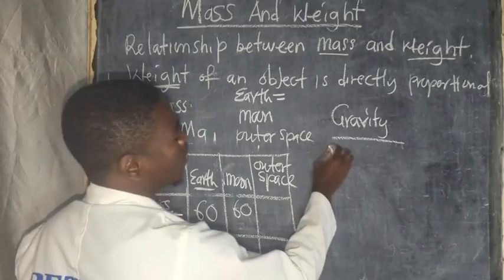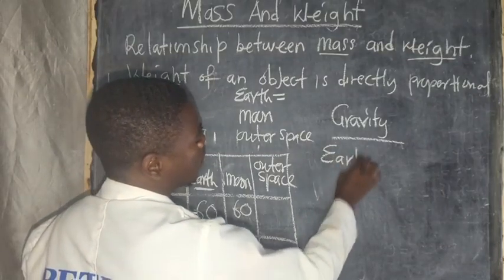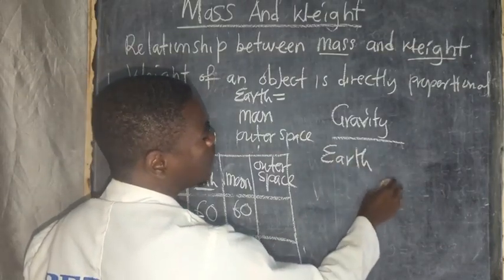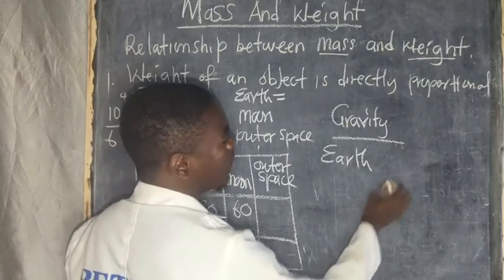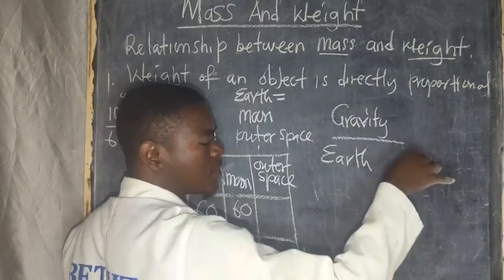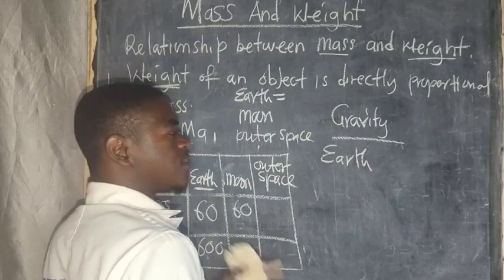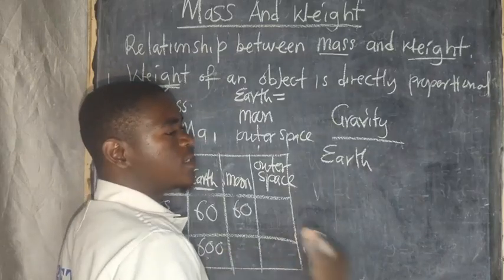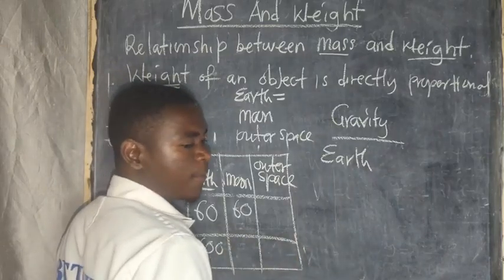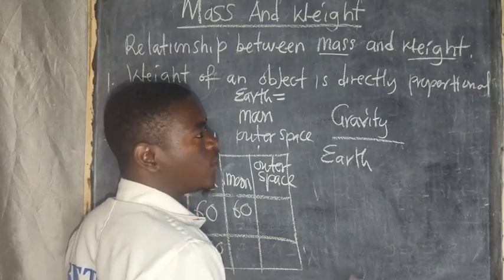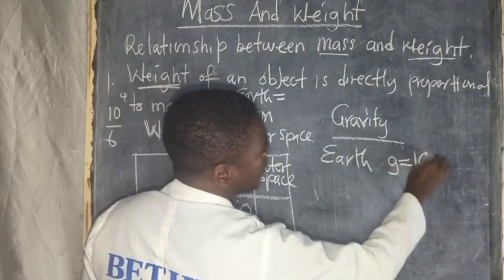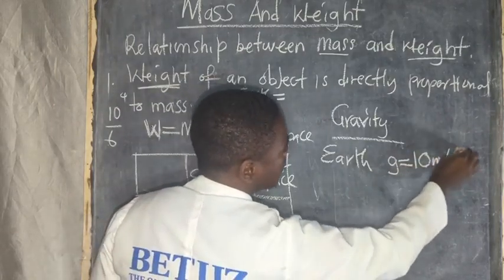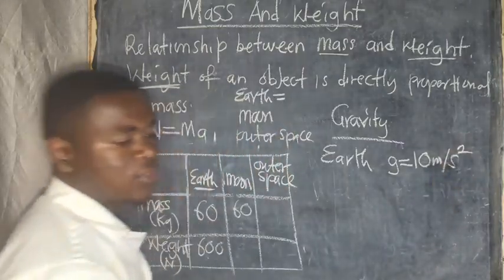So gravity on the earth is approximated to be 9.8. But instead of dealing with decimal numbers, it's better we just convert to whole numbers. That's why on the earth, gravity is 10 meters per second squared. This is what you need to know.